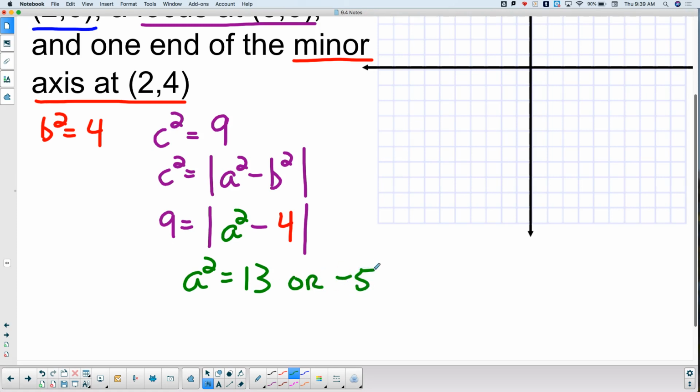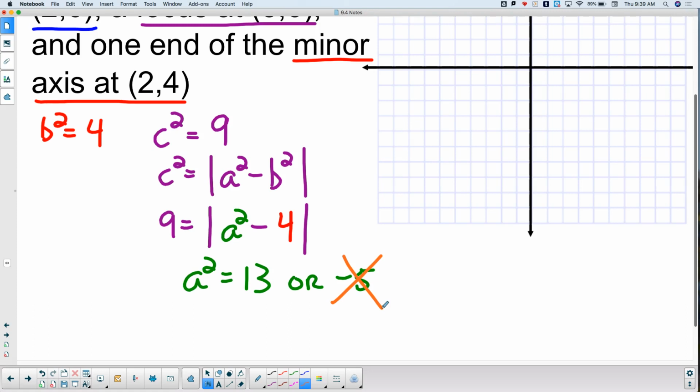Negative 5 minus 4 gives me negative 9, and the absolute value of negative 9 is positive 9, but I can kick this one out because a squared has to be positive. So a squared is 13.